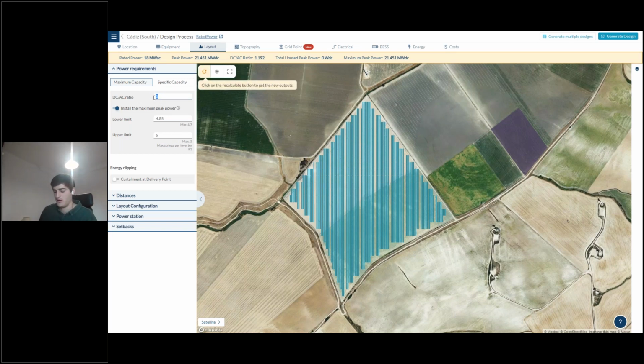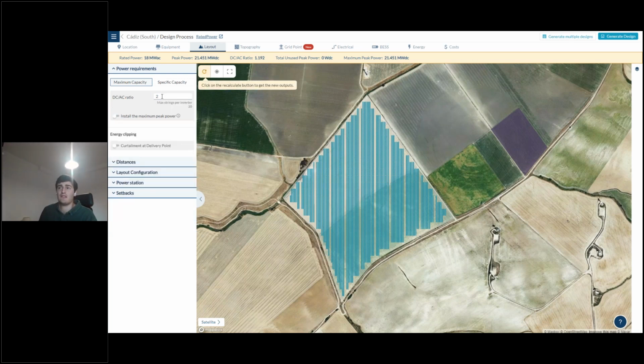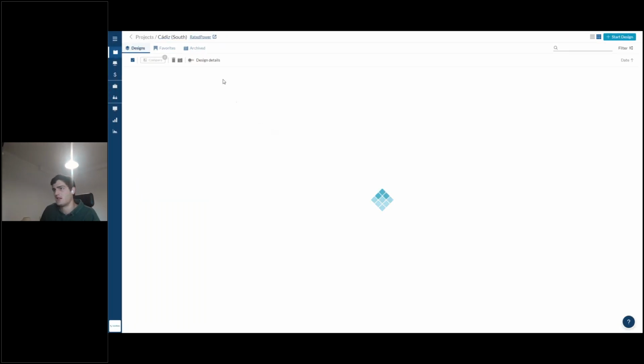Exactly, it will be 5. We could define a DC-AC ratio of 2 here. This will be the relation between the DC power and the active AC power of the inverter. And if we are putting too much DC power within one inverter, that will be reflected in the losses of the results of the designs.